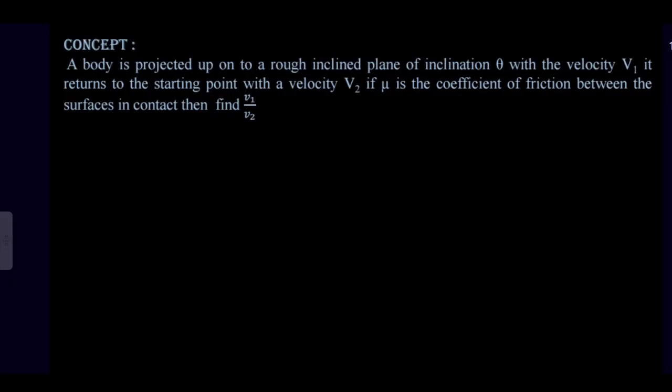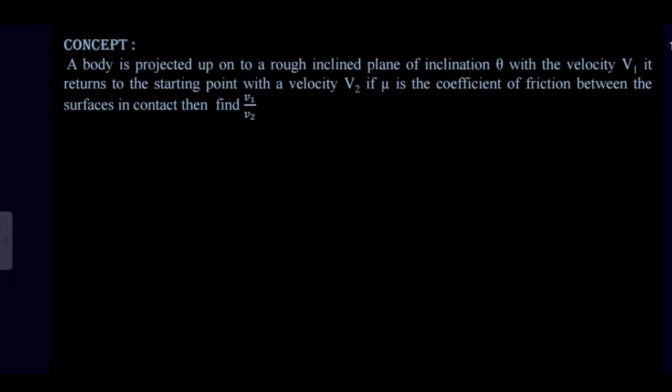So in this case, we need to consider the motion of the body up the inclined plane and down the inclined plane. Up the inclined plane the velocity is v1. So we need to do this analysis.